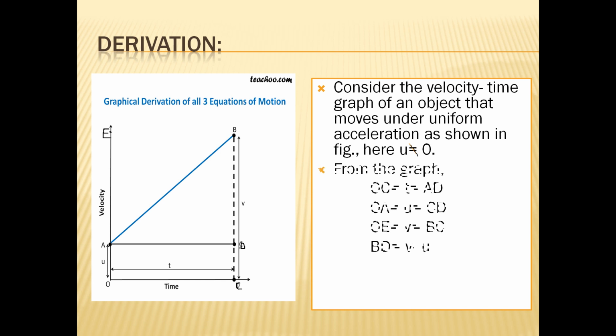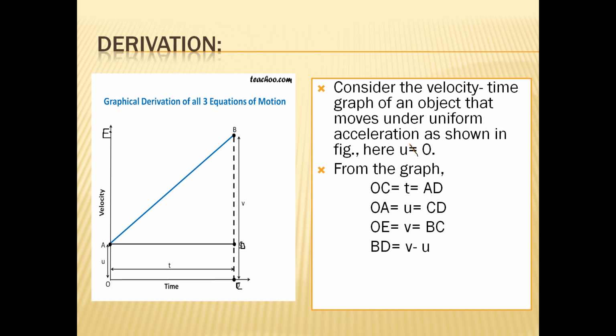So from the graph what do we get? We get different measurements, like OC is given by t, same as its parallel line AD, also given by t. OA is u, its parallel side CD is also u.